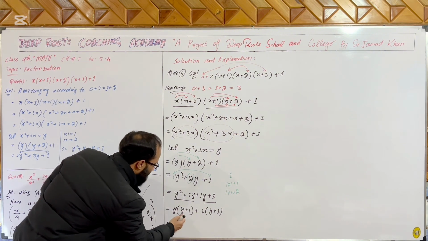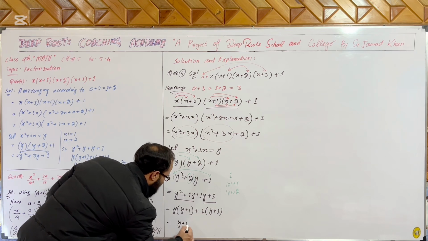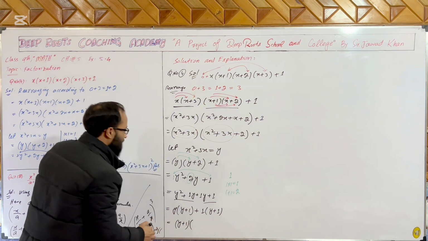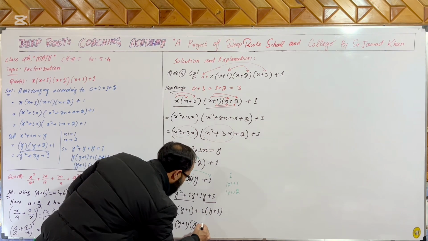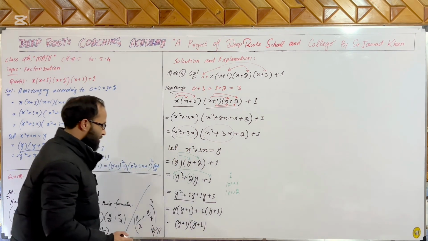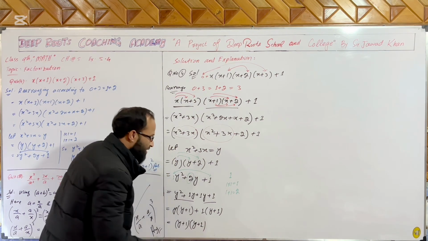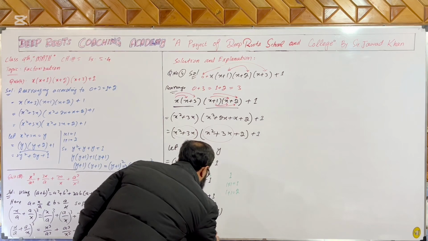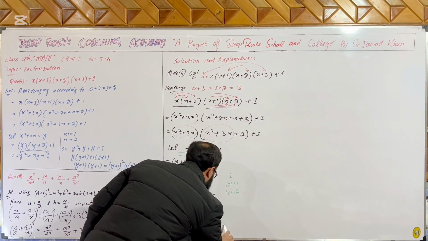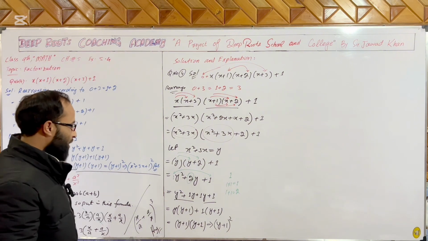So y plus 1 is common, so we will take it out, and the outer numbers will be written collectively in another bracket. Since y plus 1 is repeated twice, we will take a square on it, so it will become y plus 1 whole square.